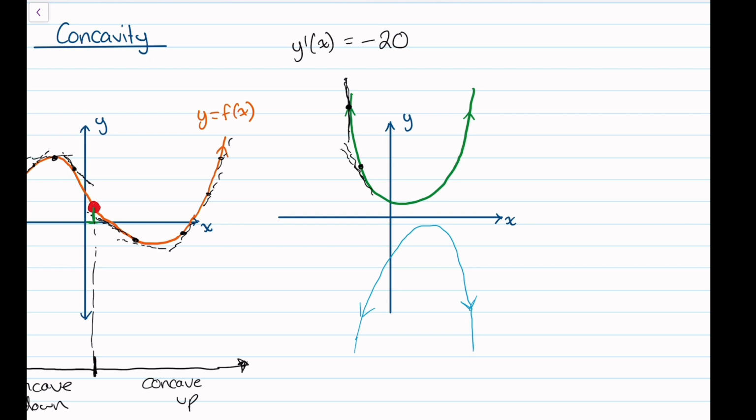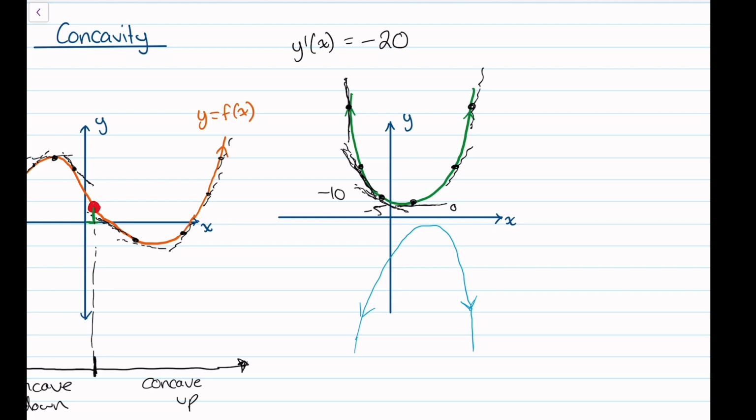If I choose this point though, notice we still have a negative gradient, but maybe that's negative 10 now. If I find the gradient at this point, maybe that's negative 5 now. At this point here, the stationary point, my gradient's going to be 0. And then my gradient is going to be increasing at this point, and at this point, and it's going to continue to increase forever.